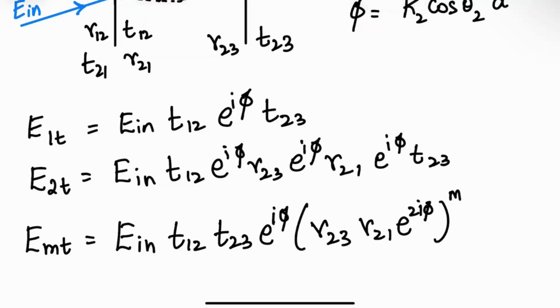And you can clearly see that when m is equal to 0, you end up with this. When m is equal to 1, you end up with this. And when m is equal to 2, you end up with this.